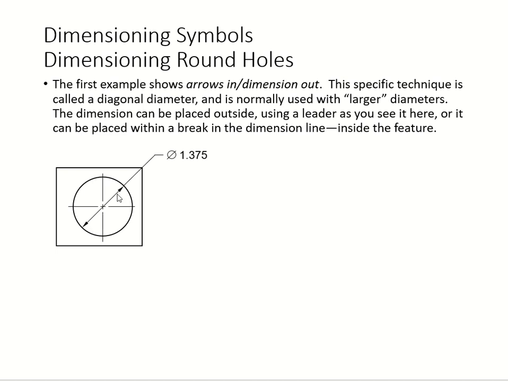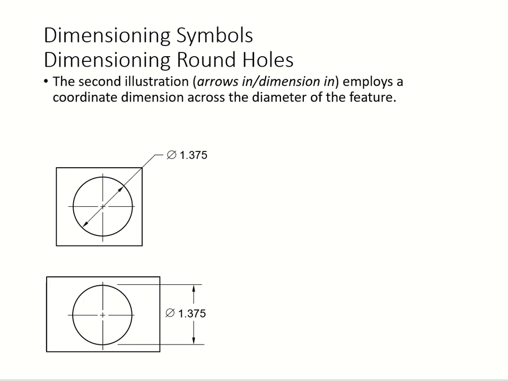We call that diagonal diameter, and it's normally used with the larger diameters. We can place this dimension outside, like here, and we put the arrow of the dimension line inside of the circle. A little bit different, so many different ways to dimension.